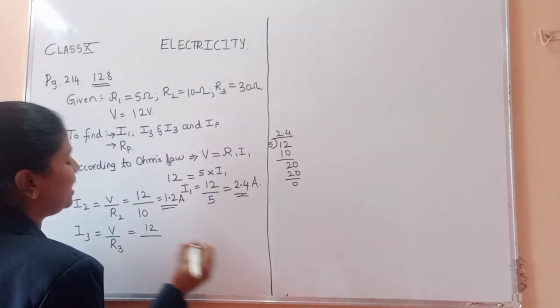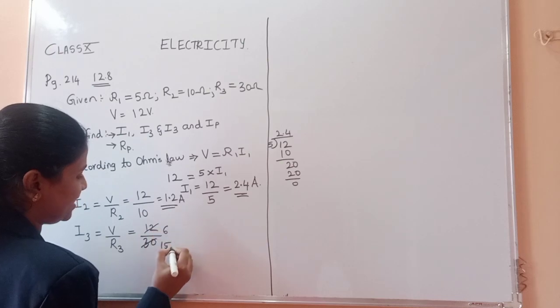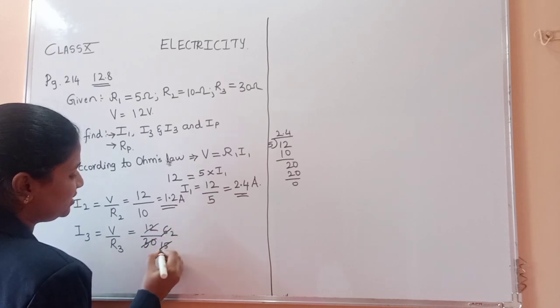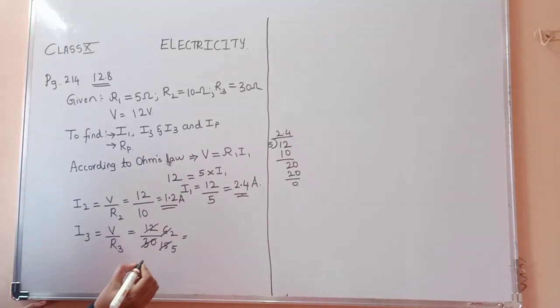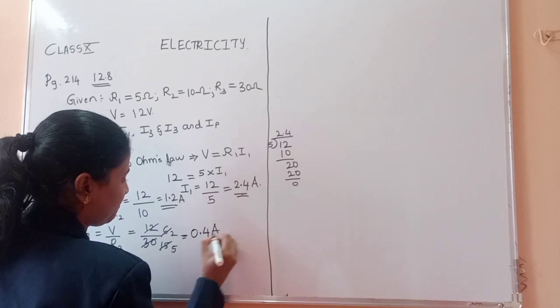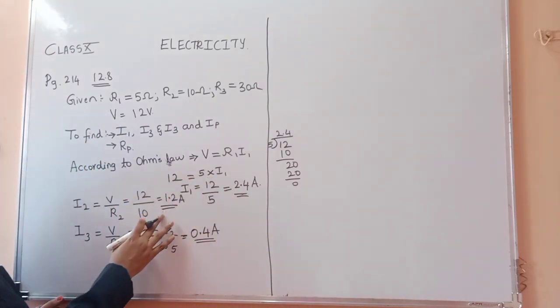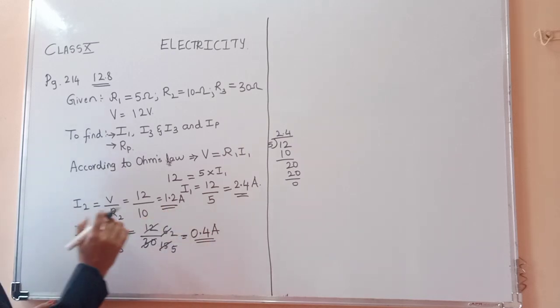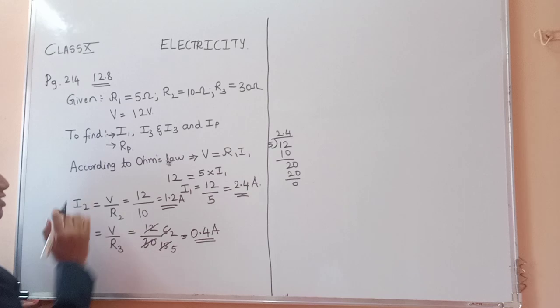What is R3? R3 is 30. So 2 by 5, we can get 0.4 ampere. So I1 is 2.4, I2 is 1.2, I3 is 0.4 ampere, which we got.